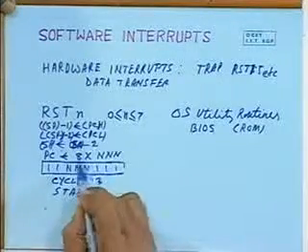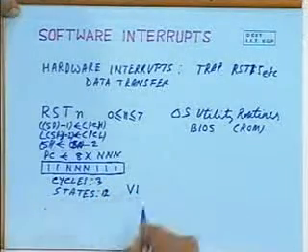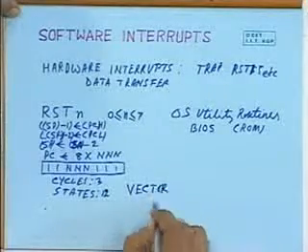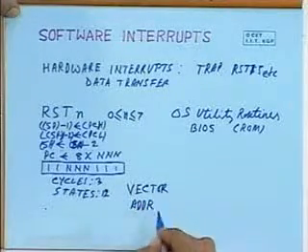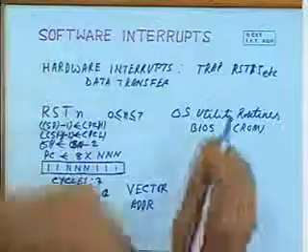Moreover, their addresses are fixed, or you can say vectored. They use a vector address. And that's why these utility routines can be ROM based. On the other hand, subroutine calls do not have any vector address. Their address is provided as part of the instruction, call followed by address. So in a multi-user environment, at different instances of execution, those subroutines may be stored in different parts of the memory.